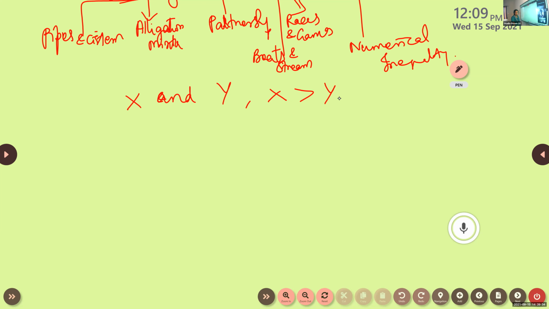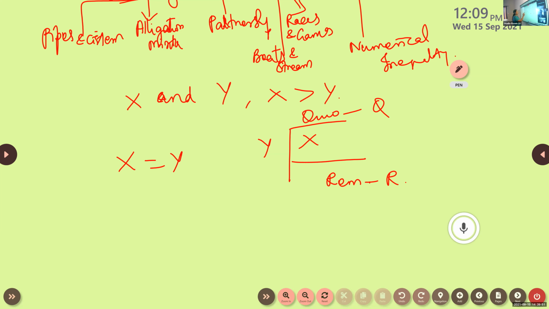We can divide x by y, and we can find some quotient and some remainder. We denote the quotient as q and the remainder as r. So we can write x is equal to y into q plus r. The given number can be written as dividend is equal to divisor into quotient plus remainder.